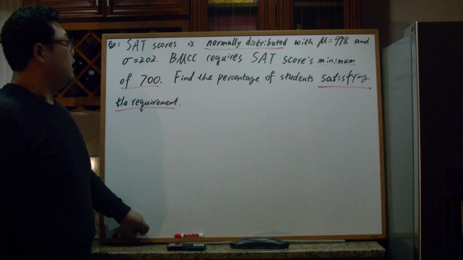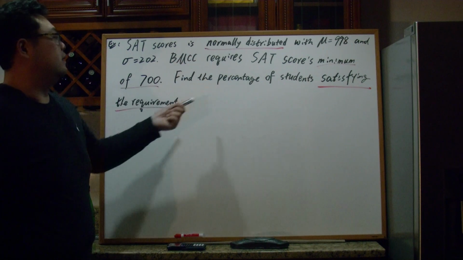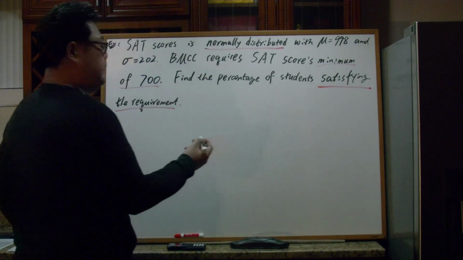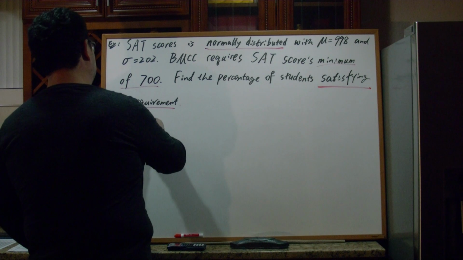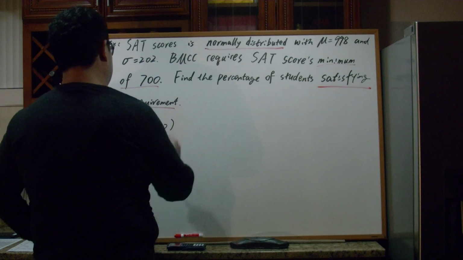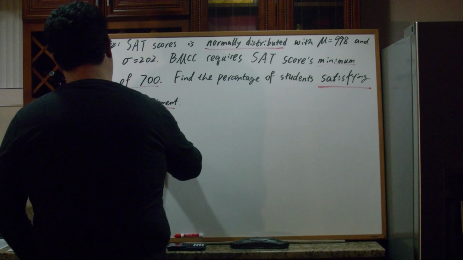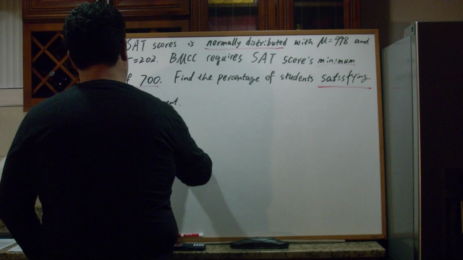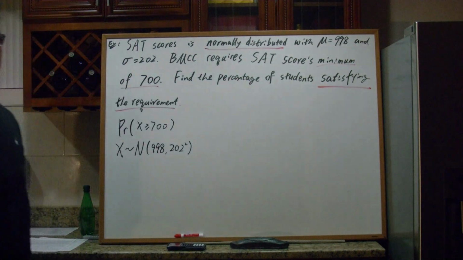The key here is saying the score is normally distributed, find the percentage of students who satisfy the requirement, which means a minimum of 700. So we're asking for the probability of x is greater than or equal to 700, given that x is normally distributed with a mean of 998 and standard deviation of 202.